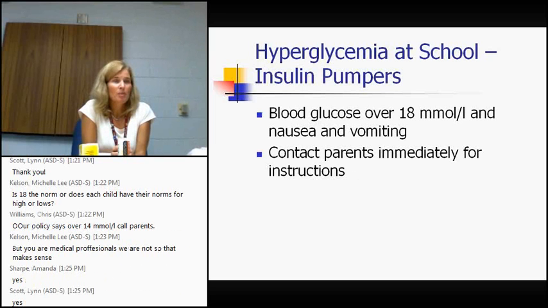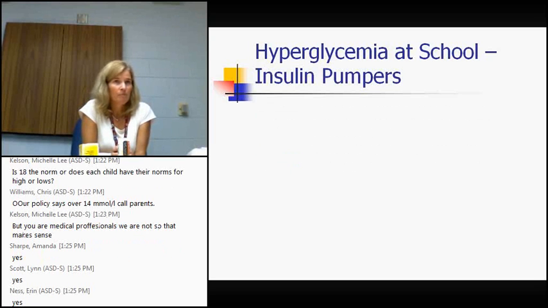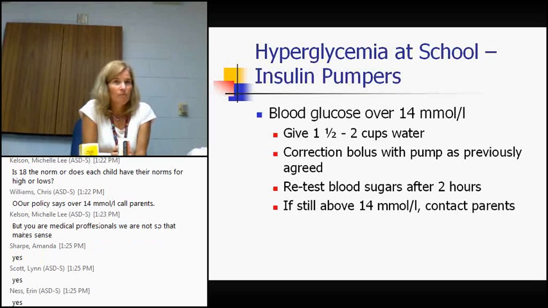Again, with a child on an insulin pump, the same rules apply. If the child has nausea and vomiting, you want to give the parents a call and let them know. With a child on an insulin pump, we actually tell our parents of our pumpers that a blood sugar over 14 is when you have to take notice. So again, water to treat that high blood sugar.